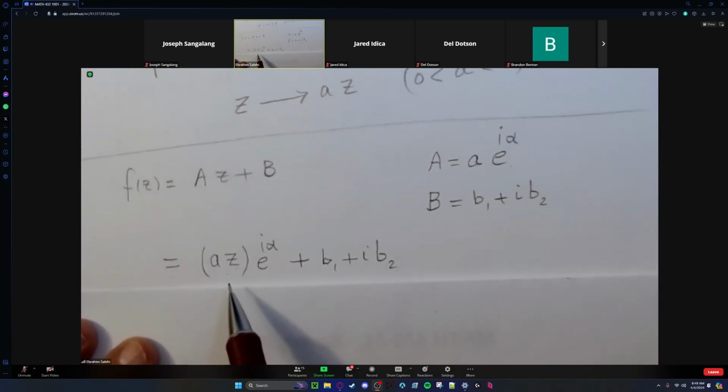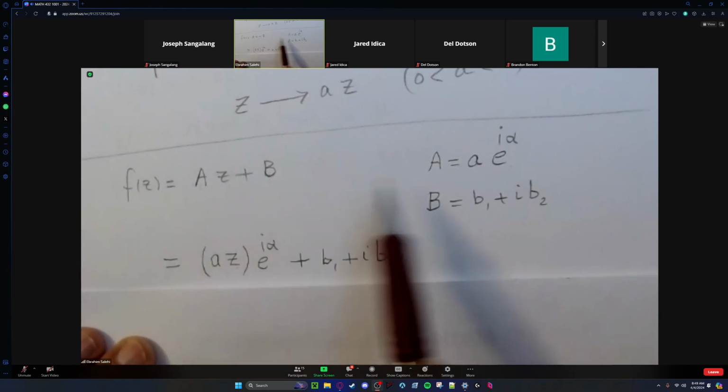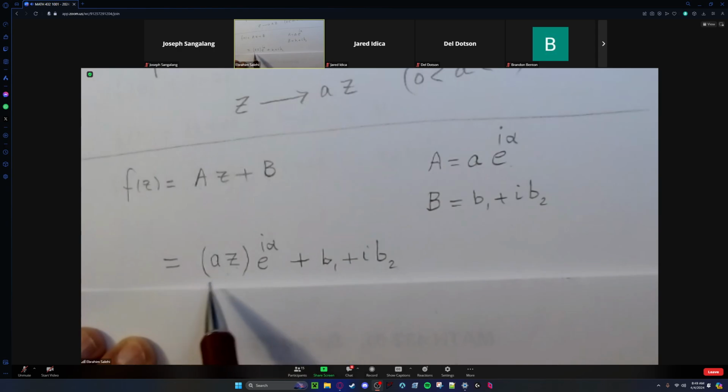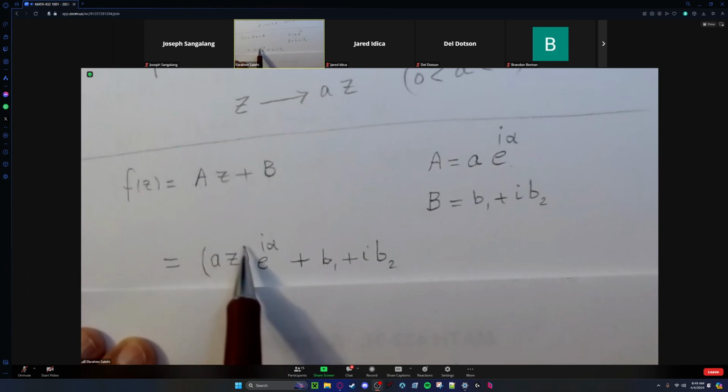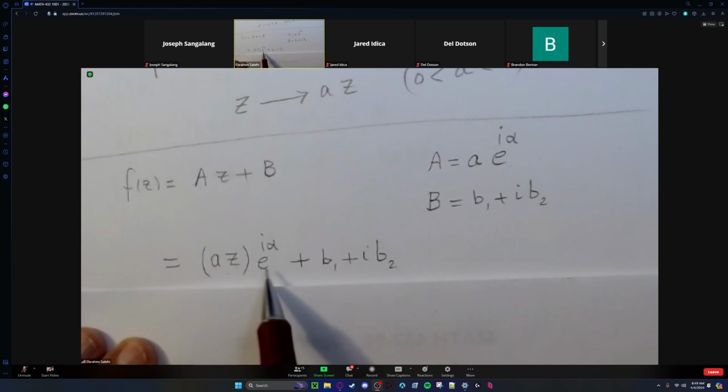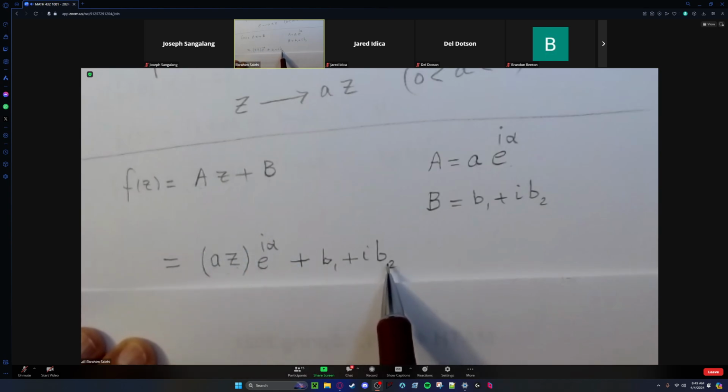Well, look, this is Z multiplied by A. So the first thing we do is expansion or contraction. Right after that is a rotation by alpha. And after rotation, we have translation.